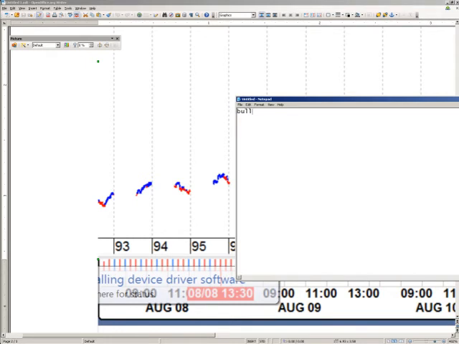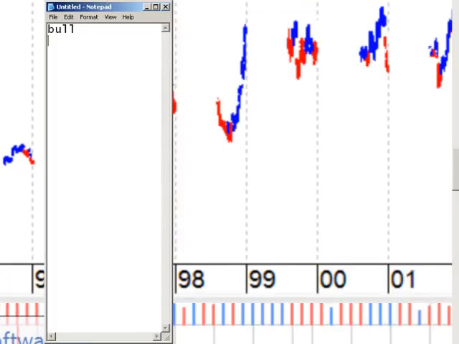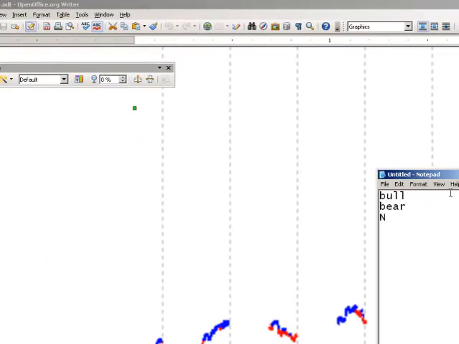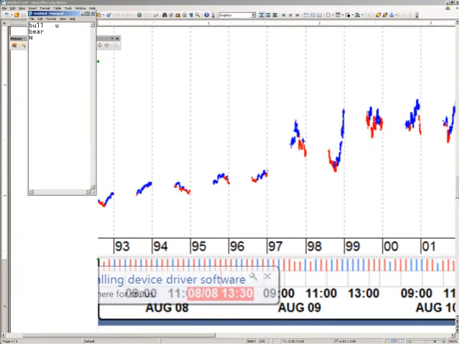Okay, we're going to shrink this down, and we're going to total it right there for you. Bull, bear, and neutral, and let's put one in there and see. First one, there's a U for an up, U for an up, D for a down, an N for a neutral. And we were looking right here.